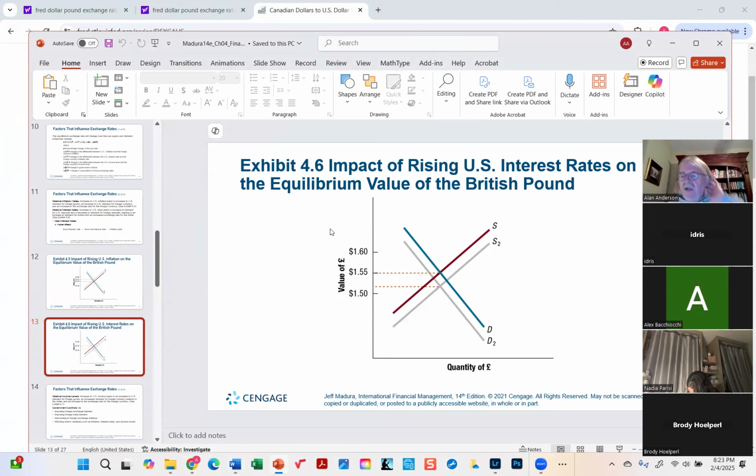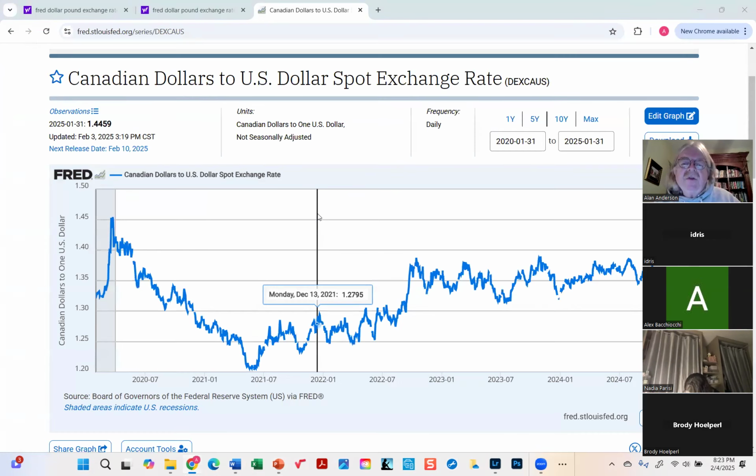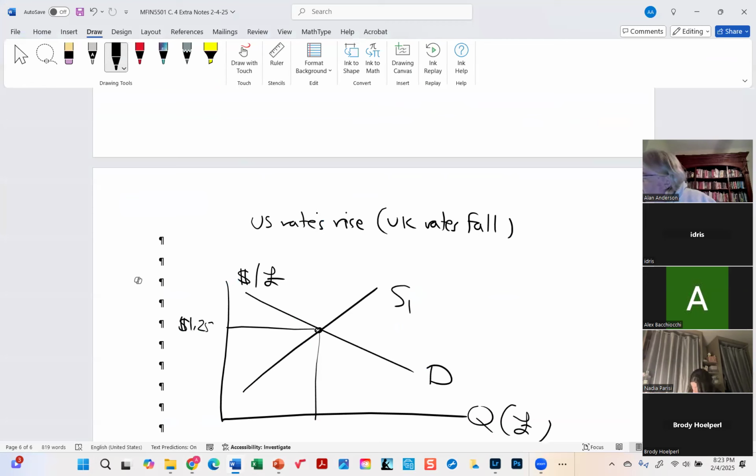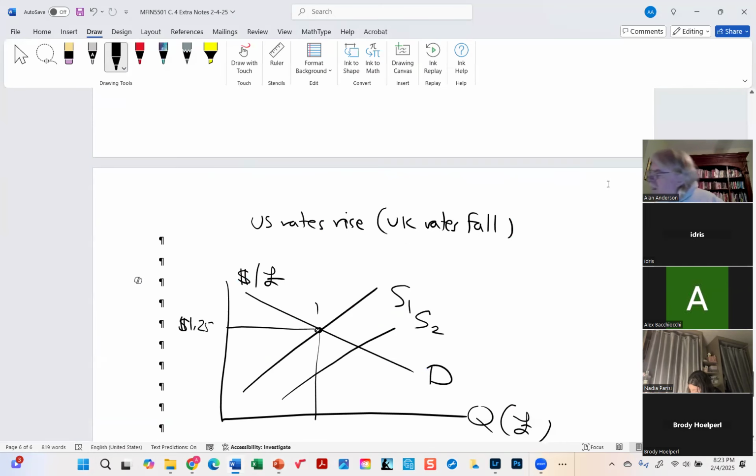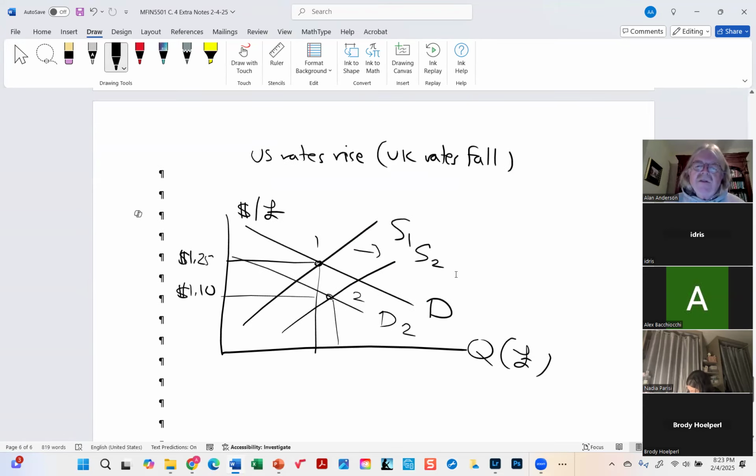So British investors will sell some of their pounds in order to invest in the US. They'll sell pounds and buy dollars to invest in the United States. So the supply of pounds will go up. But the demand for pounds will go down because Americans will be less likely to invest in the UK. And so we end up down here, let's say at $1.10. And that means the dollar gets stronger.